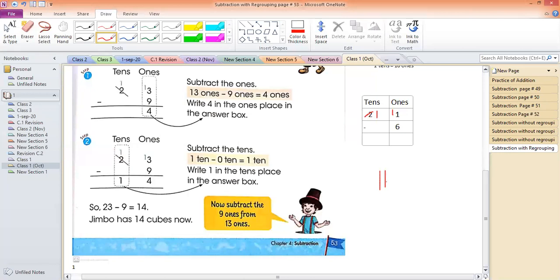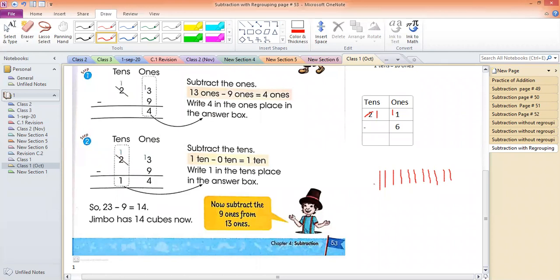I draw lines here. 1, 2, 3, 4, 5, 6, 7, 8, 9, 10, 11. Minus 6.